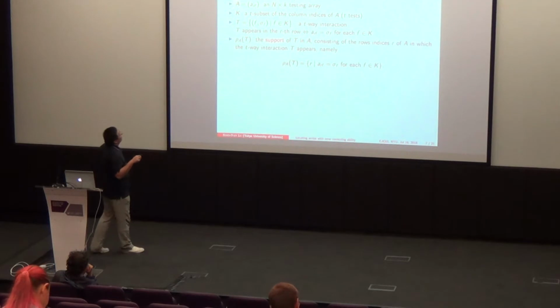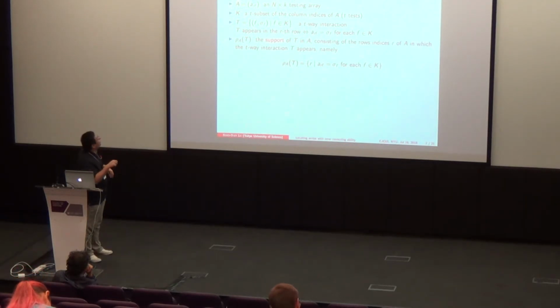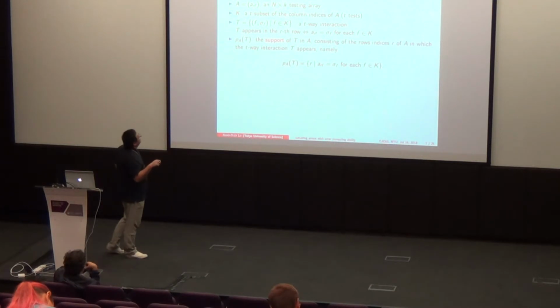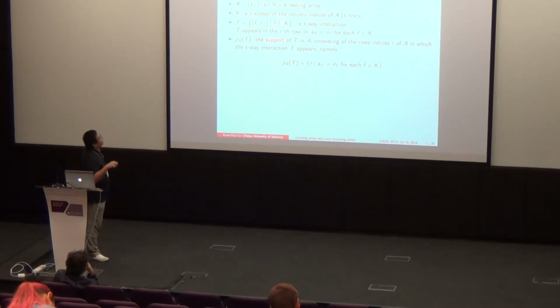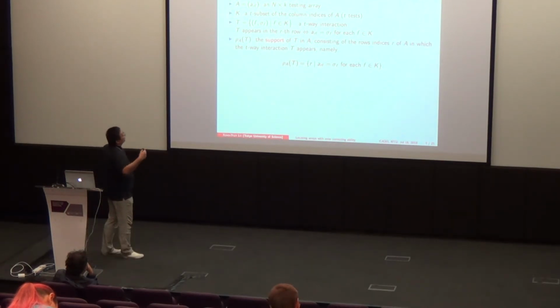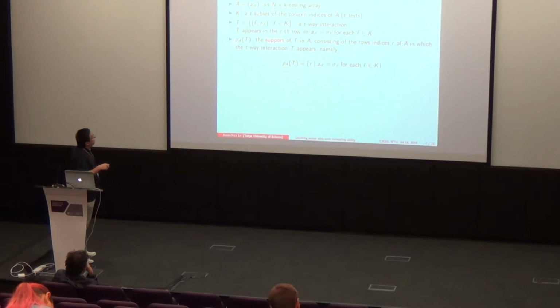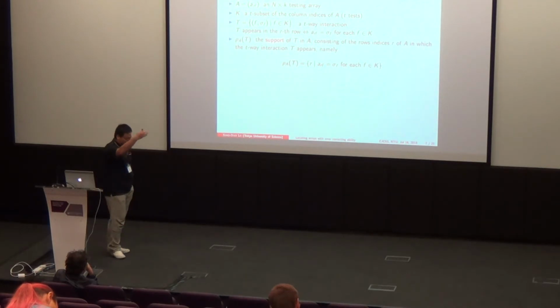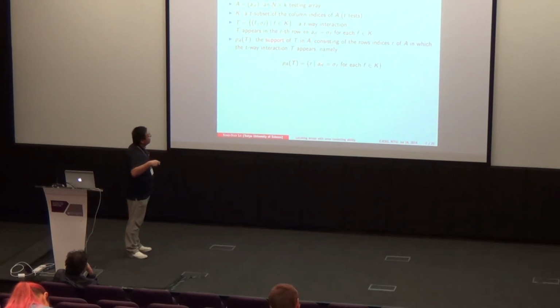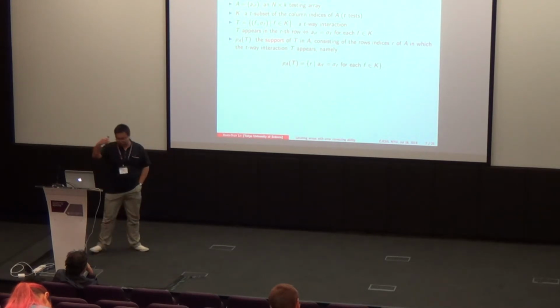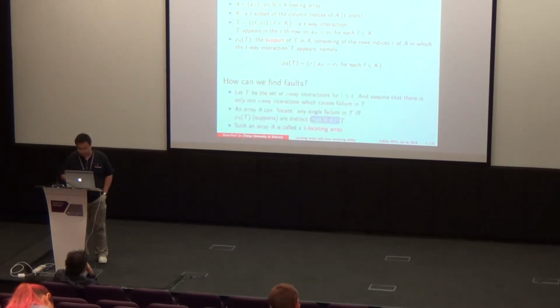Here we use the symbol A to be the array, and K to be a t-subset of the column indexes for A. And here we consider some t-way interactions denoted by T, and we use the symbol rho of this array A of some t-way interaction T to be the subset of the row indexes in which the t-way interaction appears in all of those tests.